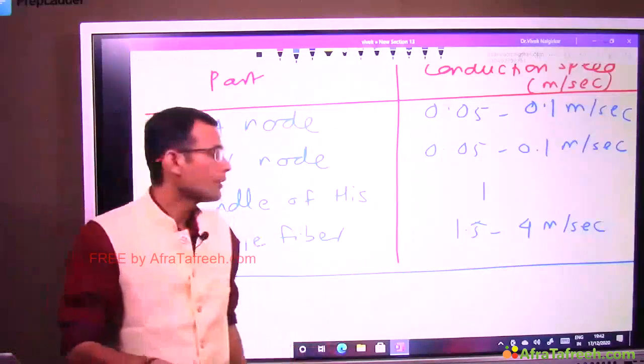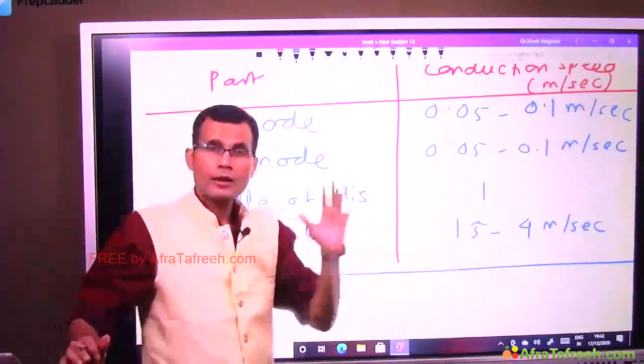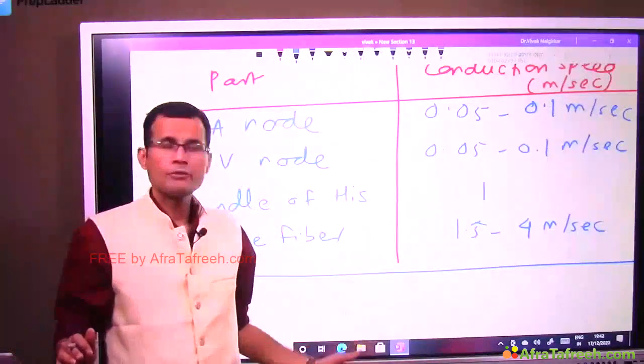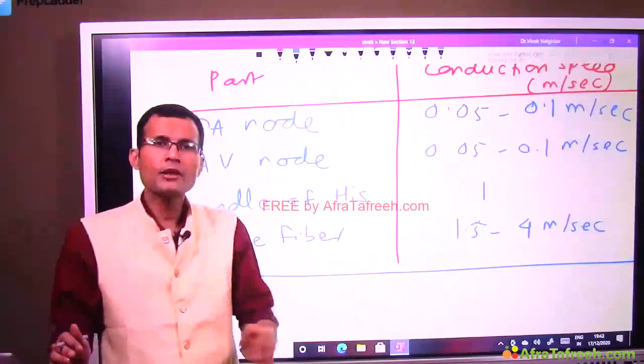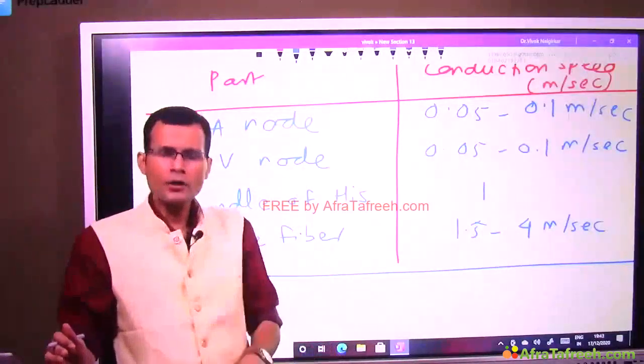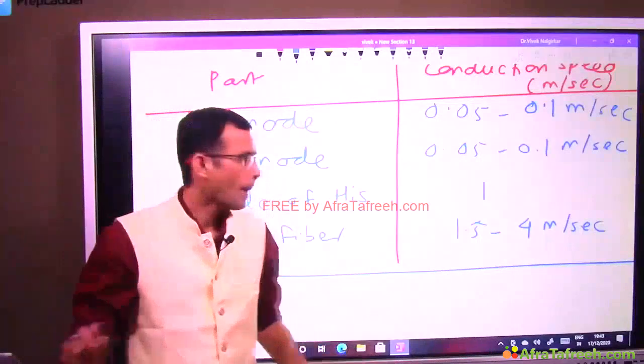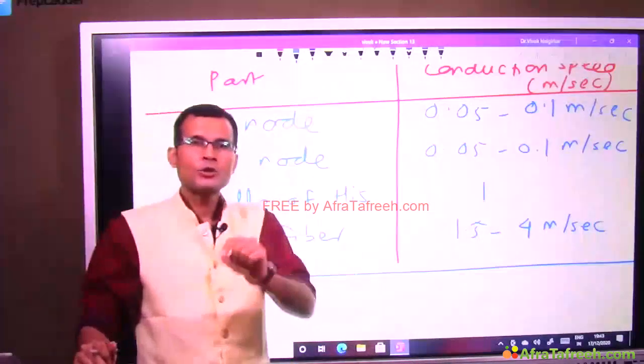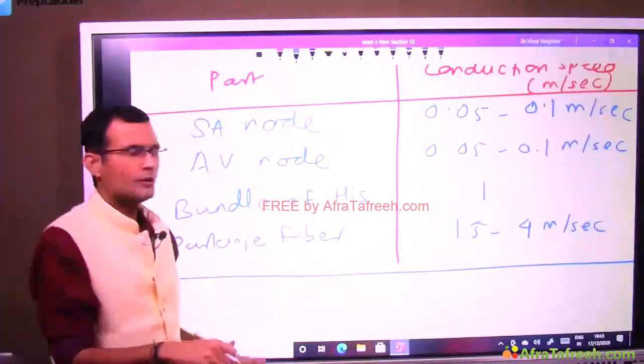As I mentioned, the rapidly conducting part is the Purkinje fiber. Why? Because each cell is rapidly depolarizing. Ionic movement is rapid. Okay, so 2 quick MCQs on this.